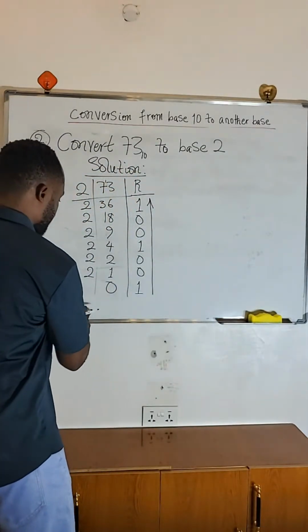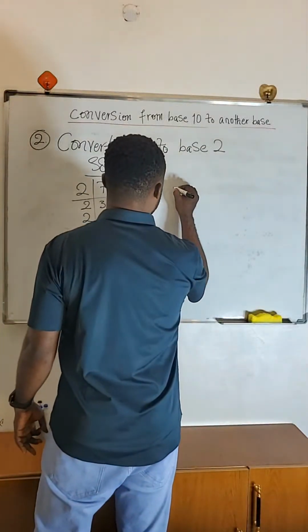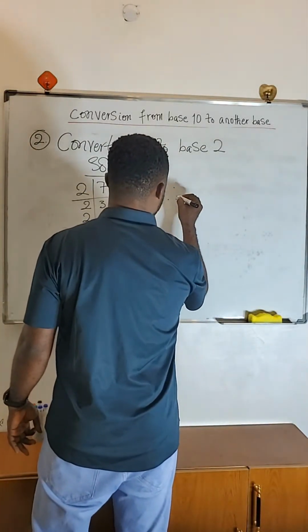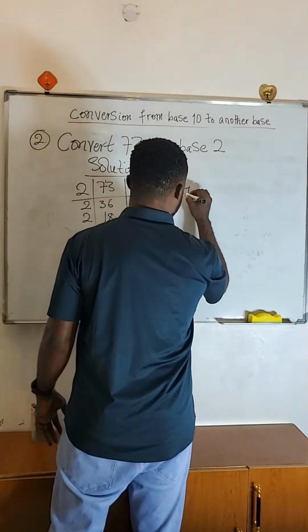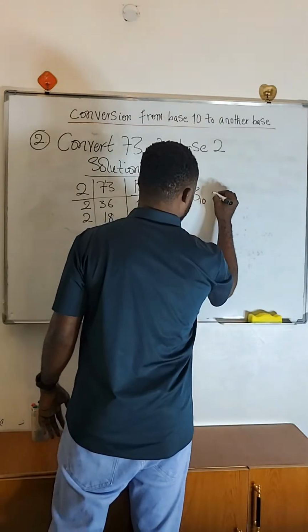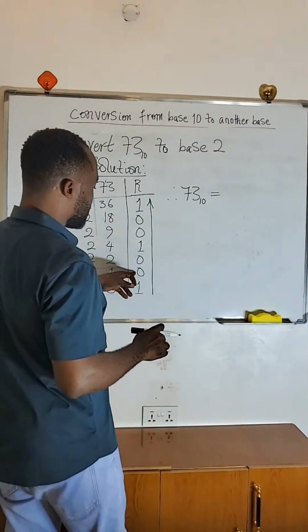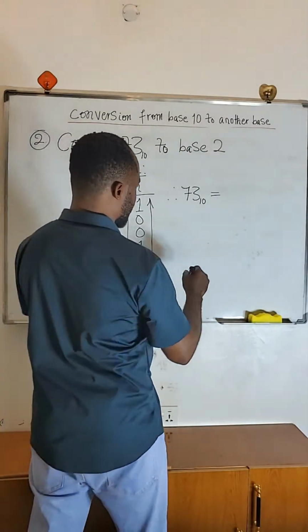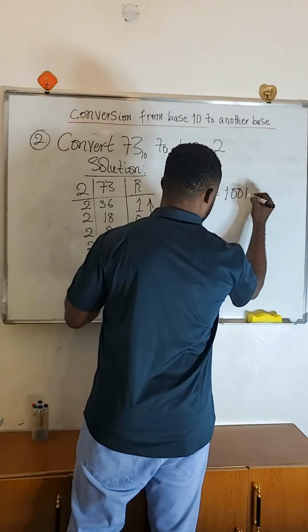From there, we can now say, therefore, 73 in base 10 equals, let's pick it, 1001 first. 1001.